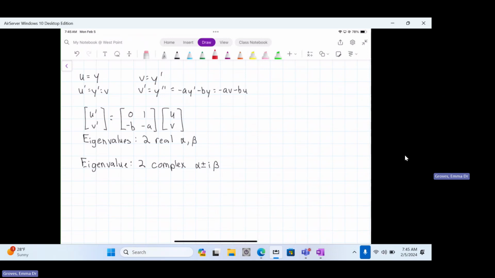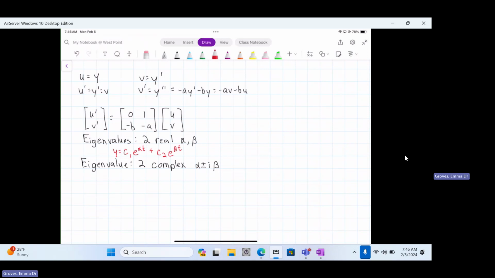With the two reals, anybody remember what the form that had? For our solution, sorry. C1 times e to the first eigenvalue t plus C2 e to the second eigenvalue t. Perfect. And then what about with our complex case? Yeah, there were some cosines and sines in there.